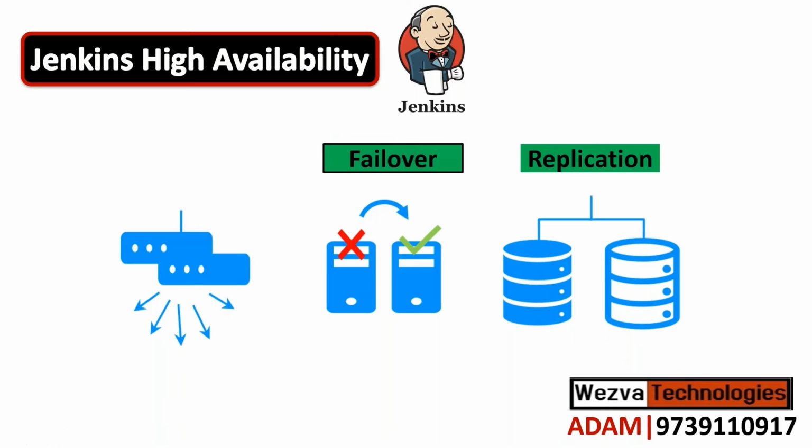But in Jenkins, we know that we create a lot of jobs, correct? And plugins. It is not just about bringing up another machine and running Jenkins, but how do you make sure that the jobs and the data that you had on the first Jenkins are also available on the new machine? Because whatever you do in Jenkins, it stores in a folder called /var/lib/jenkins, which will be inside a specific machine.